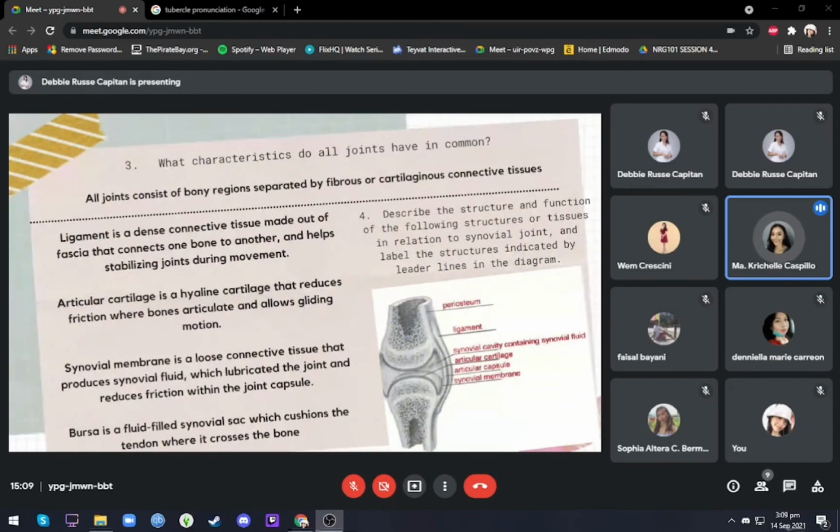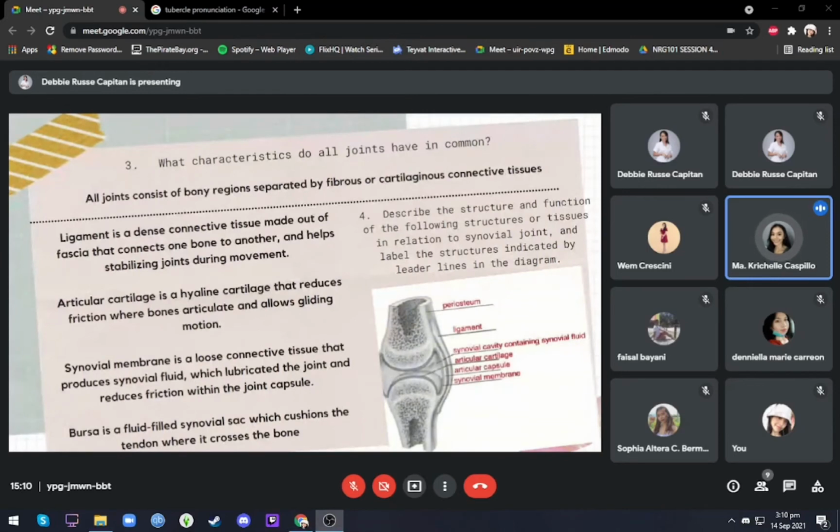Synovial membrane is a loose connective tissue that produces synovial fluid, which lubricates the joint and reduces friction within the joint capsule. Bursa is a fluid-filled synovial sac which cushions the tendon where it crosses the bone. 4.